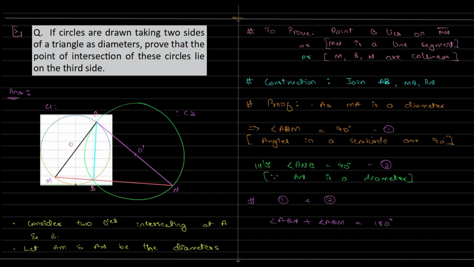So by proving that these two angles add up to 180 degrees, what can I tell? This implies MN is a line segment, the reason being angle ABN and ABM form a linear pair.